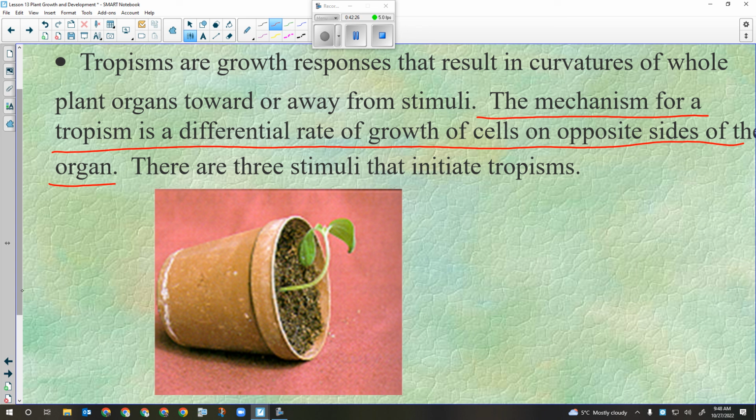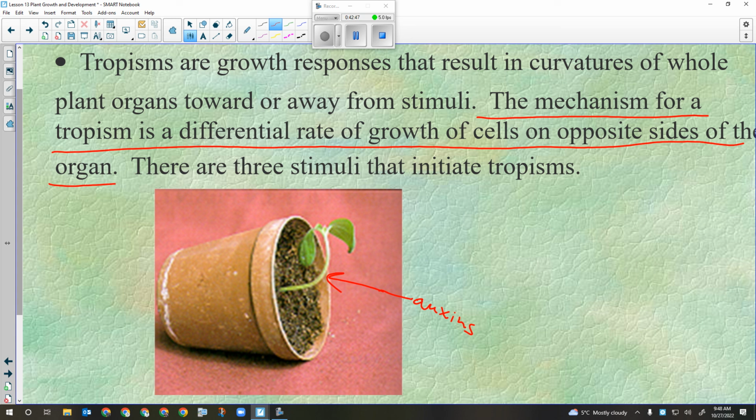So what a plant does to make this happen is it secretes auxins to one side. The cells on one side of that plant produce more auxins than the other, and they get longer than the ones on the inside.